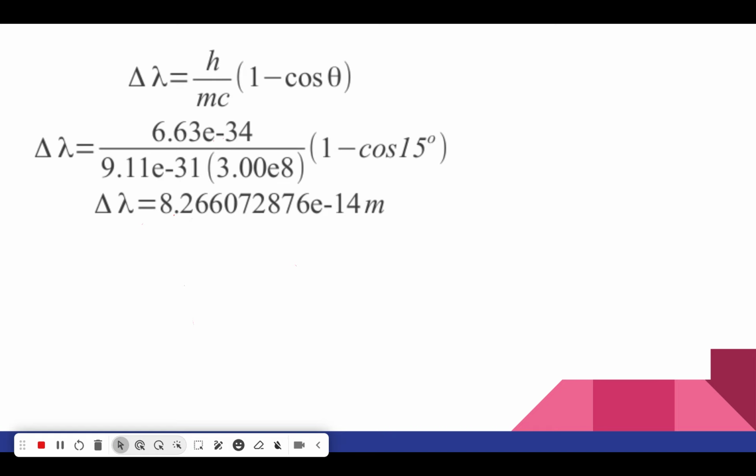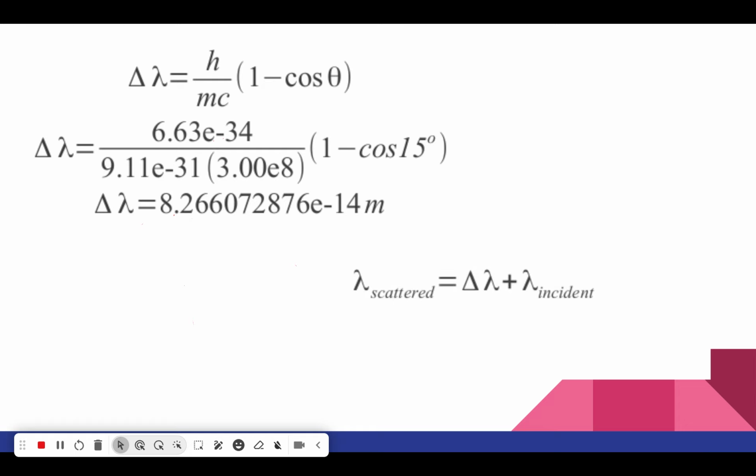Now remember, that's not our scattered wavelength. That's our delta wavelength, how much it's changed. So if I want to figure out what the scattered wavelength is, I've got to think to myself, well, delta lambda equals lambda scattered minus lambda initial, because delta anything is always final minus initial.